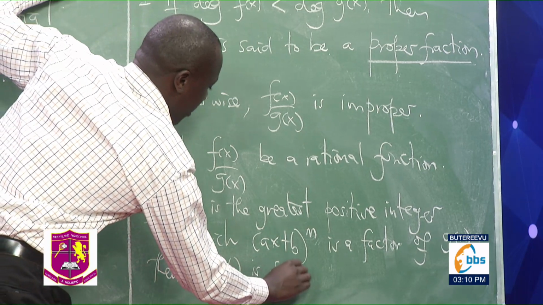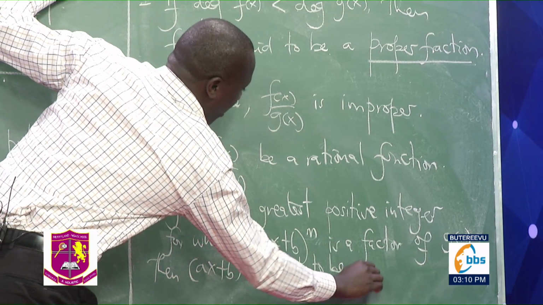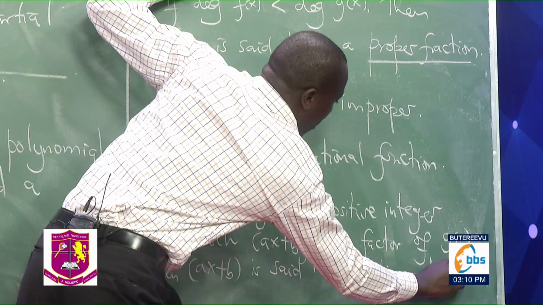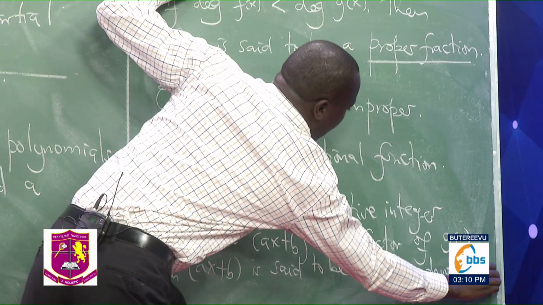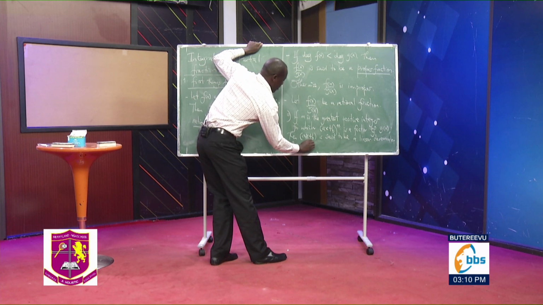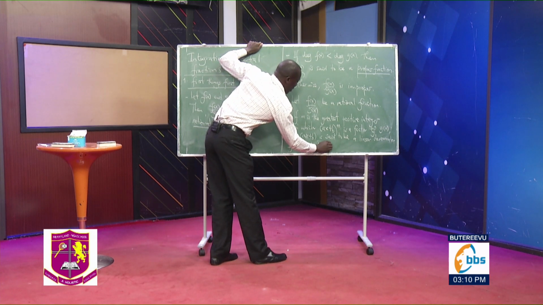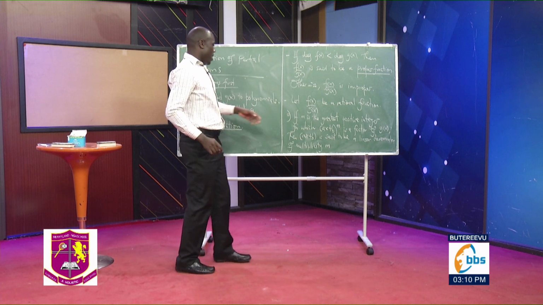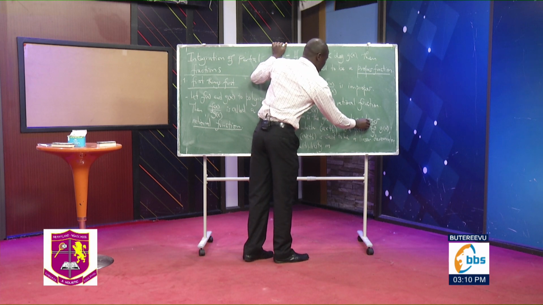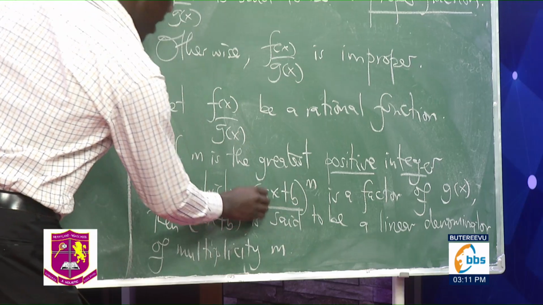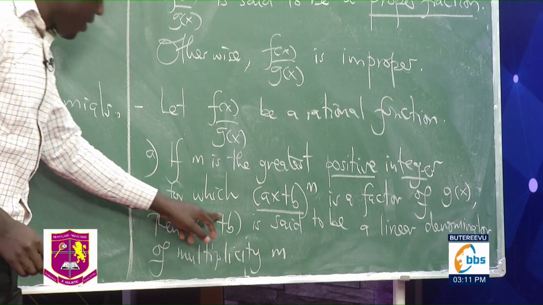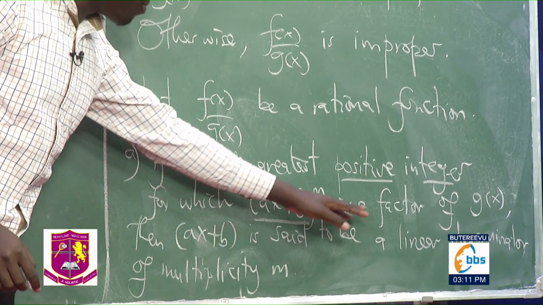is said to be a linear denominator of multiplicity m. If m is the greatest positive integer for which this is a factor of g of x, then this alone, without the power, is said to be a linear denominator.